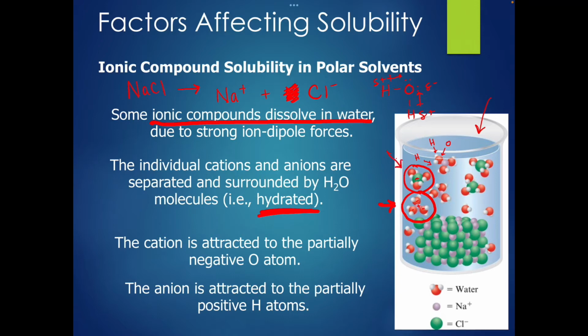In this group, they pulled off a negatively charged chlorine, and the water molecules oriented themselves so the partial positive hydrogens are facing that negatively charged chlorine. So again, we're seeing the whole opposites attract. This is why ionic compounds dissolve in water. The ions that are being formed are attracted to the partial positive and negative charges on the water.